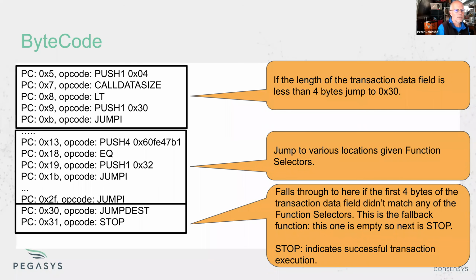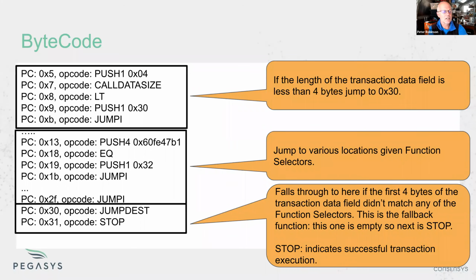So if you do have that fallback function, how does stuff change? Now, if the call data size is less than 4, then we're going to jump to 0x30, which, rather than being a revert, is just a stop, which means that the ether will be accepted.